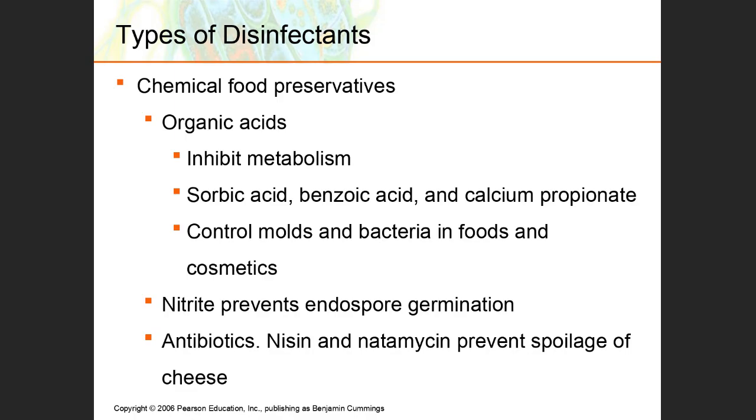So they do help to control fungi like molds and bacteria in foods and cosmetics, because many cosmetics are made with fats and other organic compounds that can be food for microorganisms. So that is one of the reasons why they have expiration dates, but also why, if you have some makeup, you need to use that relatively quickly.